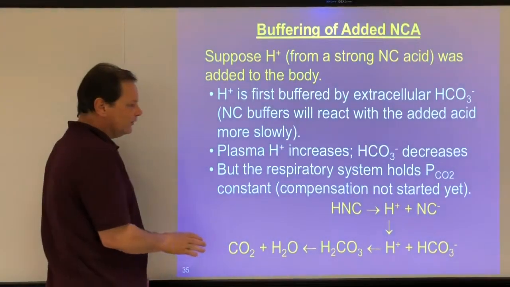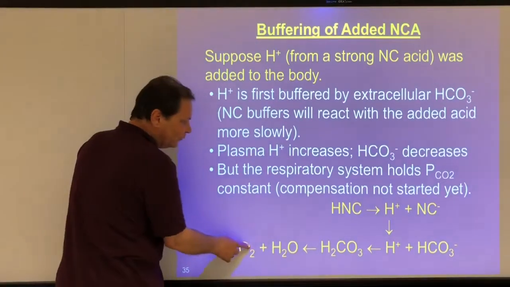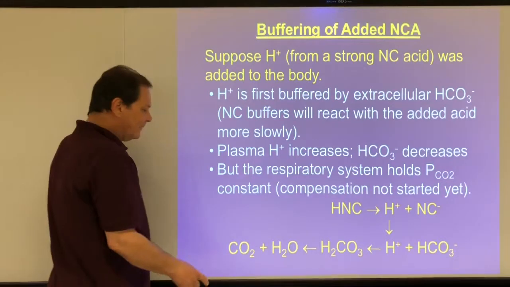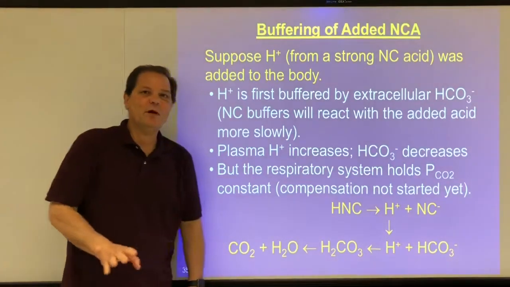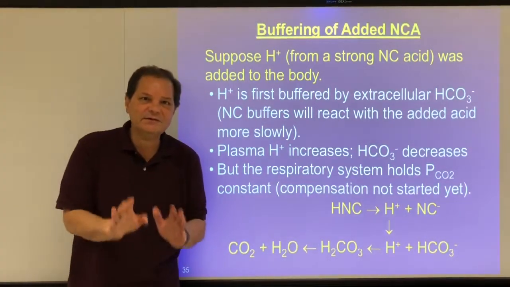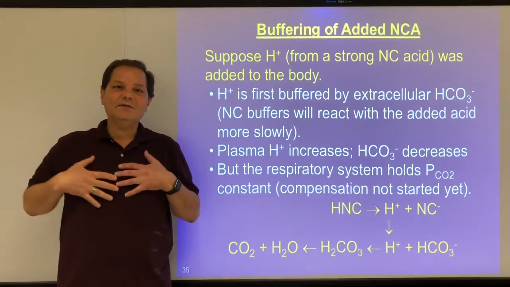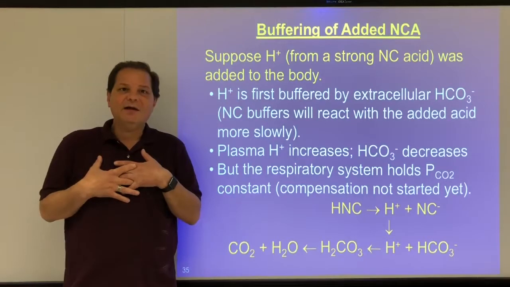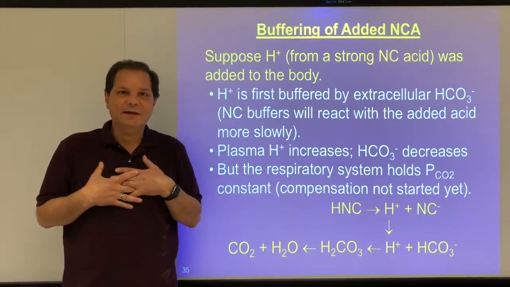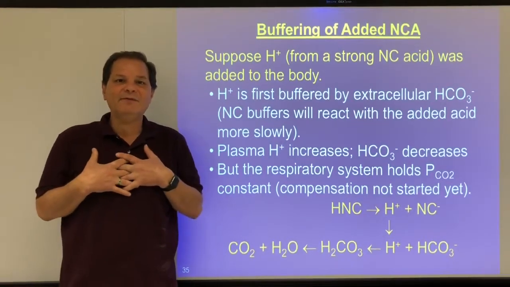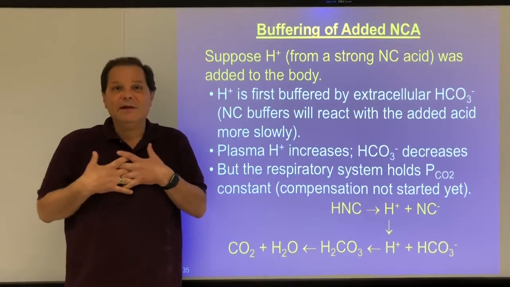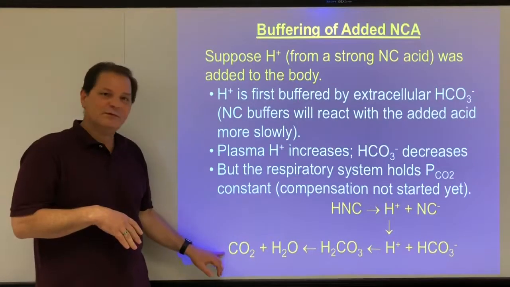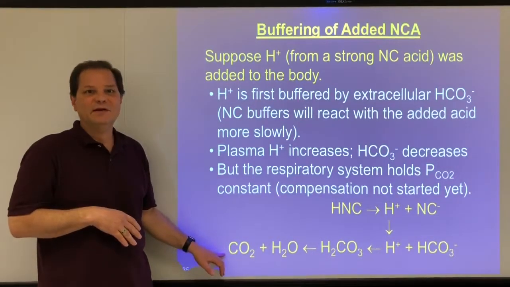And you'll also notice that despite the fact that I'm producing more CO2 by adding hydrogen ion over here, my partial pressure of carbon dioxide doesn't change. That's because when my plasma enters my lungs, my carbon dioxide equilibrates with my alveoli. And unless the carbon dioxide in my alveoli changes through something like a change in respiration, my partial pressure of carbon dioxide in my blood doesn't change.